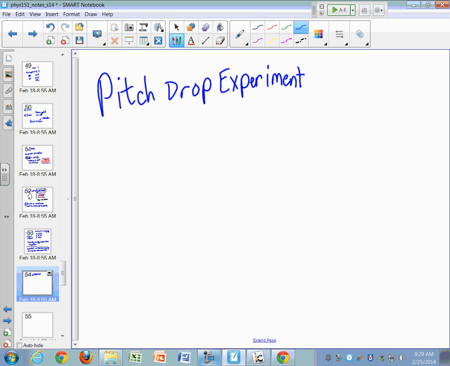And so he took a funnel and put some of these blocks of pitch in it, and he just left it for many, many years. And they found that over time, the pitch would eventually flow through the funnel.